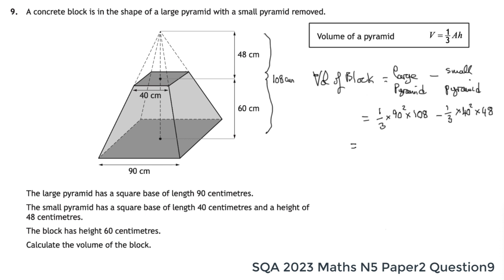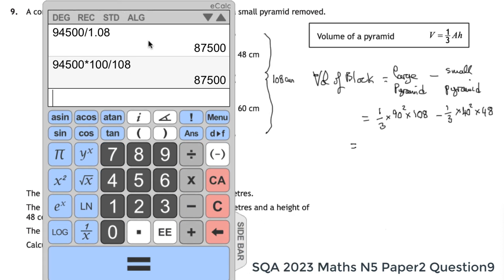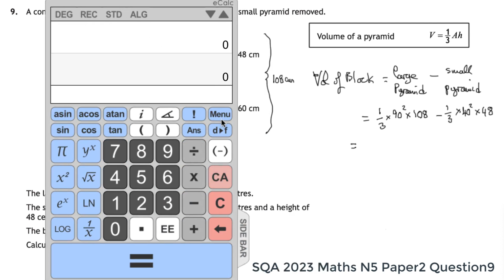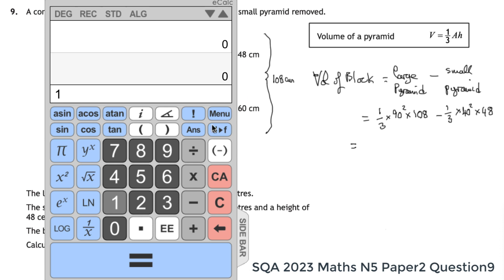So let's bring in our trusted calculator and let's start working this out. So 1/3, that's 1 divided by 3, that's a third, times 90 squared, 90 raised to the power of 2, so that's 90 squared, times 108.